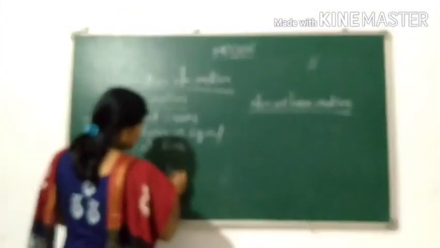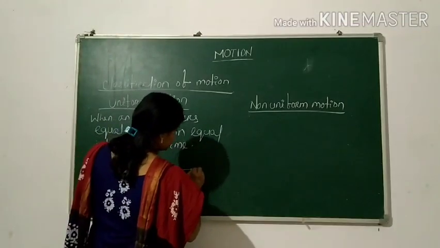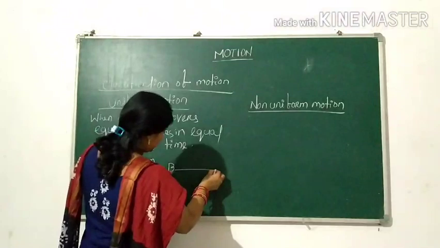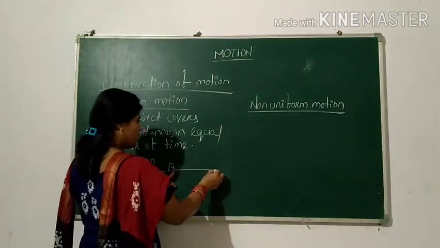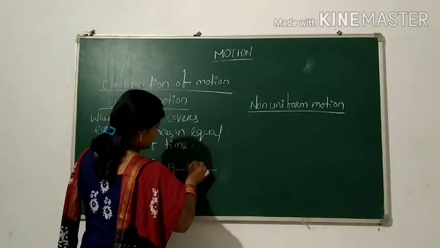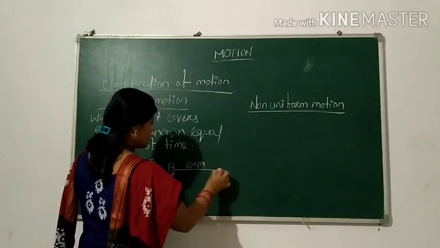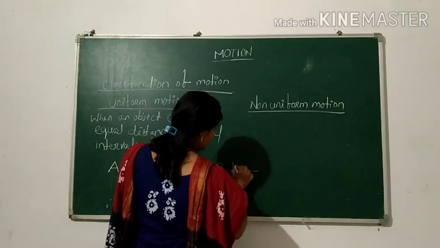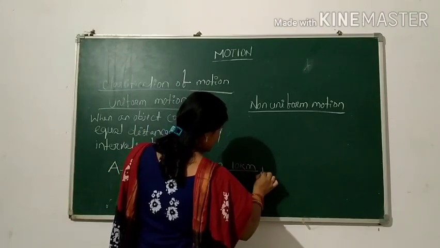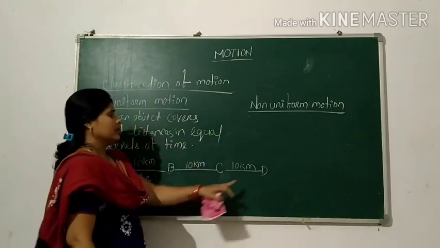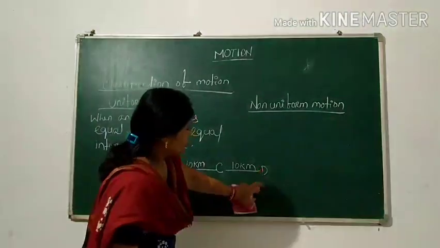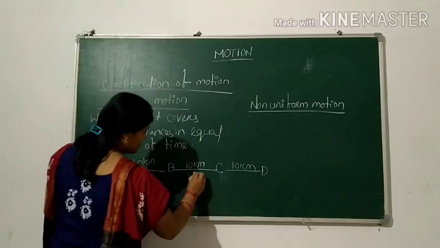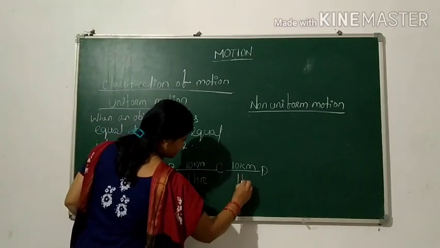Then again I started my journey from position B and travel 10 km and I reached C. Again I travel 10 km, I reached point D and the time interval is 1 hour.